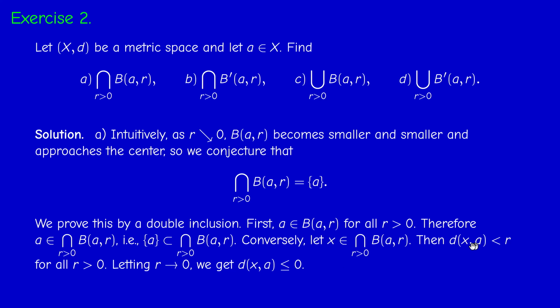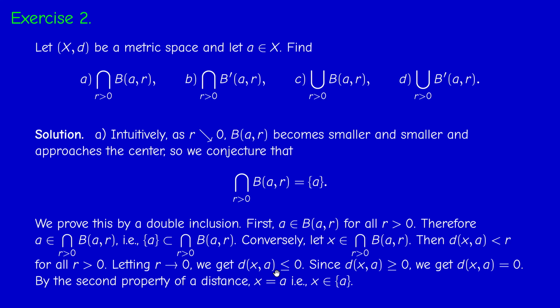Or there's another way to see that: if a number is less than any positive number given in advance, then it must be 0, otherwise we get a contradiction. But d(x,a) is greater than or equal to 0, therefore d(x,a) is exactly equal to 0. So by the second property of the distance, x is equal to a, and so x belongs to the singleton {a}.